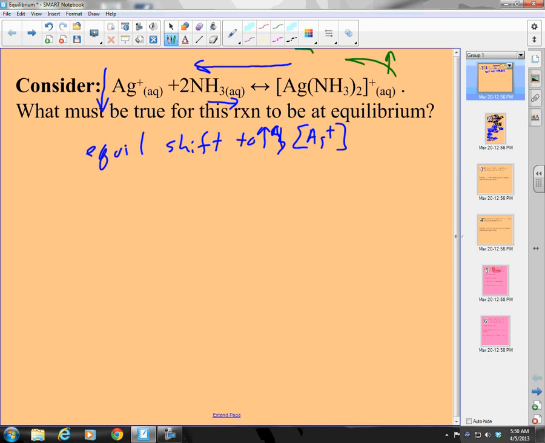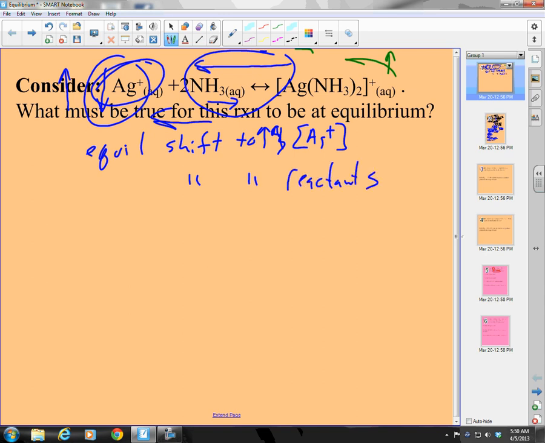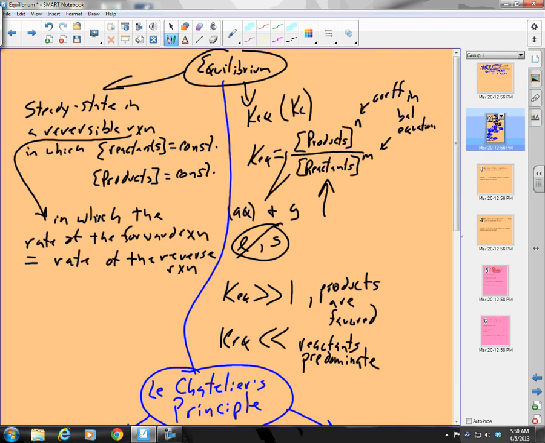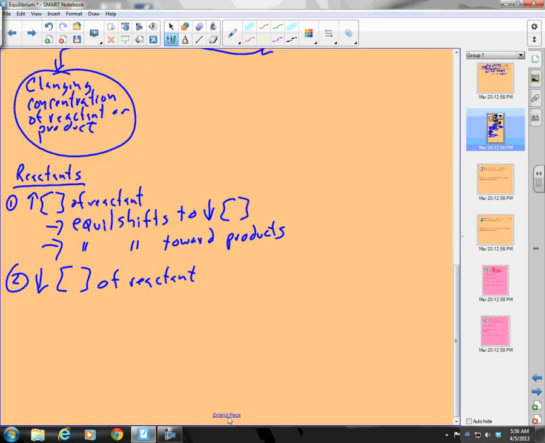And eventually, when we get this increased enough to remove the stress, these arrows will equal out again. So that means the equilibrium shifts to increase the silver concentration. How is that? That means it has to shift towards the reactants. Got it? Okay, here we go. Zoink. Okay, so this is going to do what?